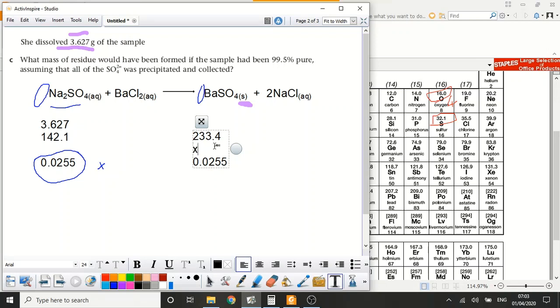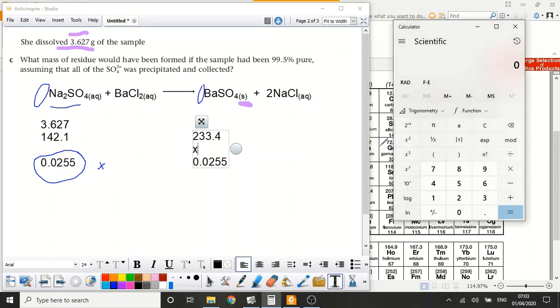So if we multiply those together, we should get the mass of the barium sulfate that we're expecting. 233.4 multiplied by 0.0255 gives an answer of 5.9517 grams. That's what we're expecting to see.